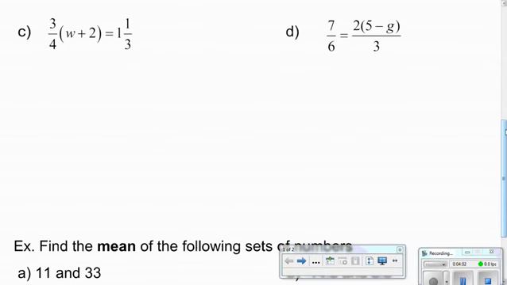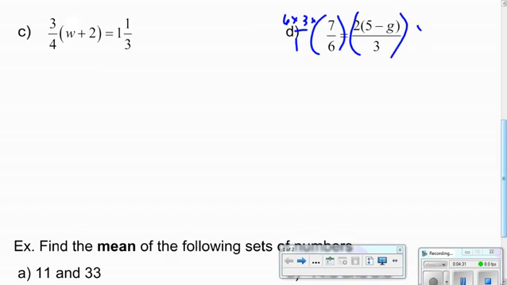Okay. A couple things going on here. I'm going to multiply both sides of the equation. I'm going to get rid of the denominators, okay? So we're going to multiply this side by 6 times 3 over 1. And we're going to do the same thing on this side.